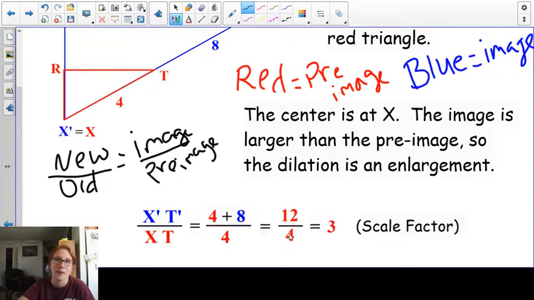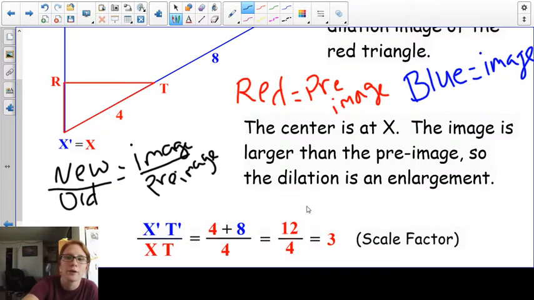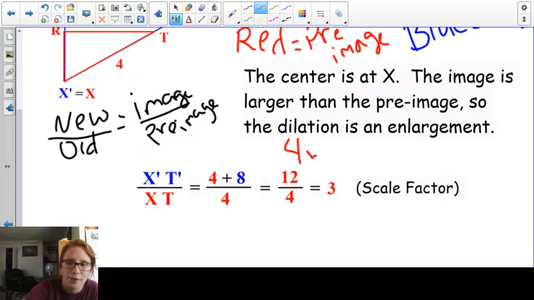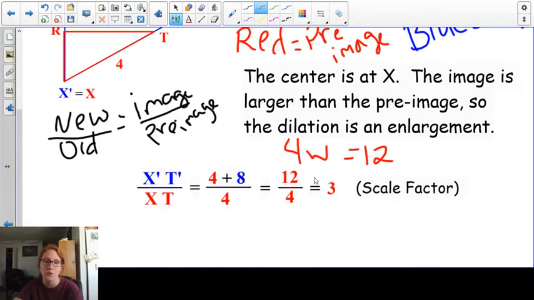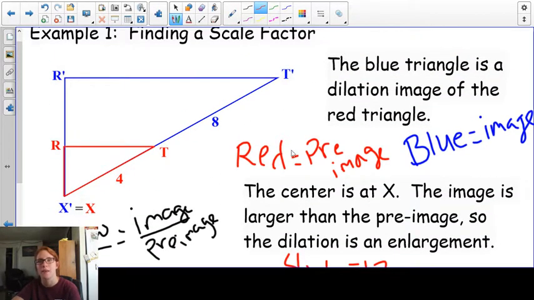Then I take that divided by the old, or the pre-image, and that gives me a factor of 3. You can also think to yourself, if you know that our original was 4, 4 times my favorite letter W gives me that 12. So 4 times what will give me 12? 3. So that's essentially 2 different ways to describe the same problem.